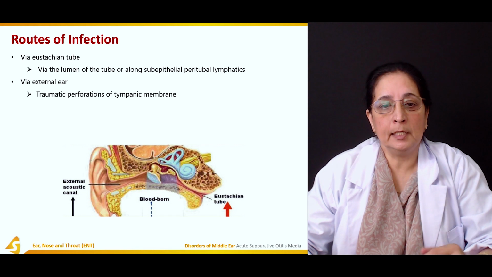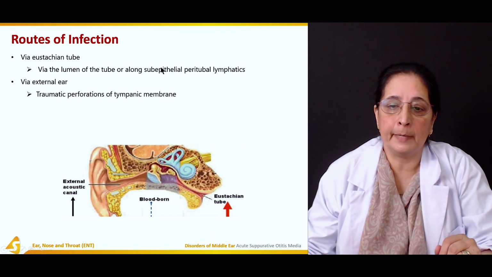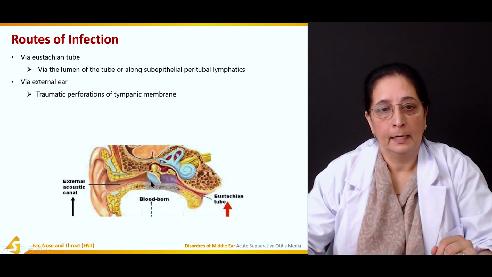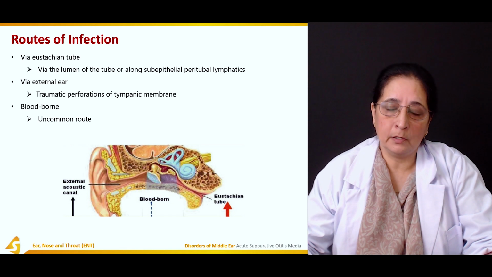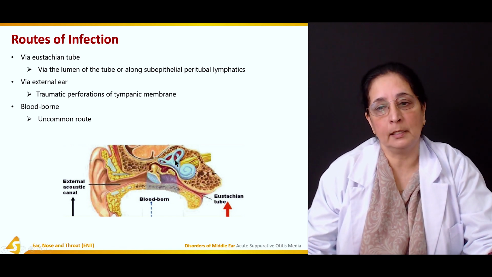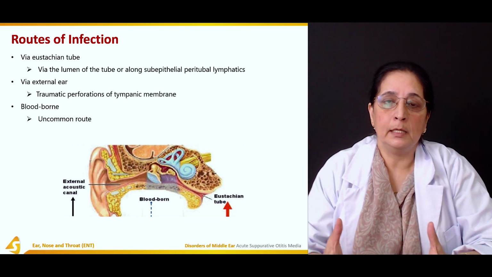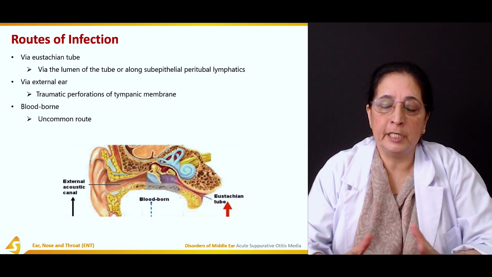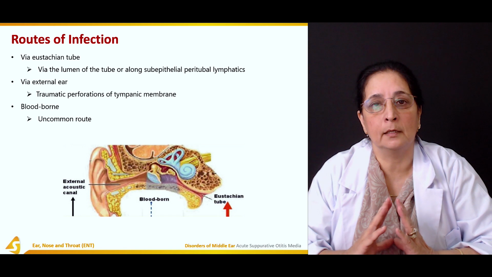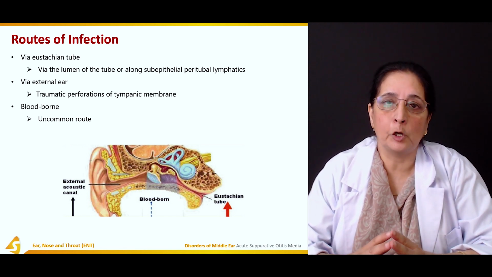Then external ear trauma, or traumatic perforation of the tympanic membrane, can also cause middle ear infection. Another route, blood-borne, is uncommon and can occur in cases of septicemia, when the microorganisms reach the bloodstream and go to the middle ear and cause infection, but it's not a very common route.